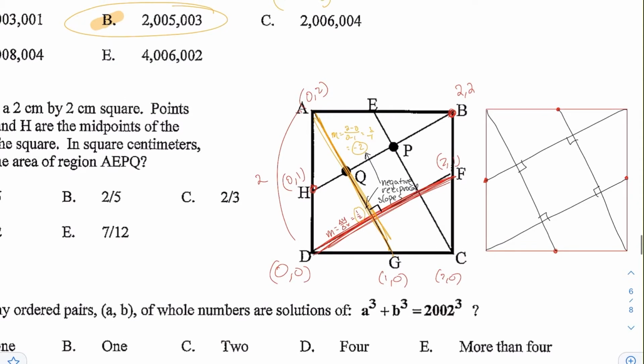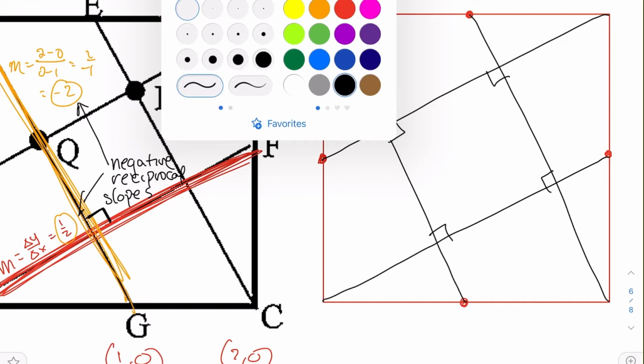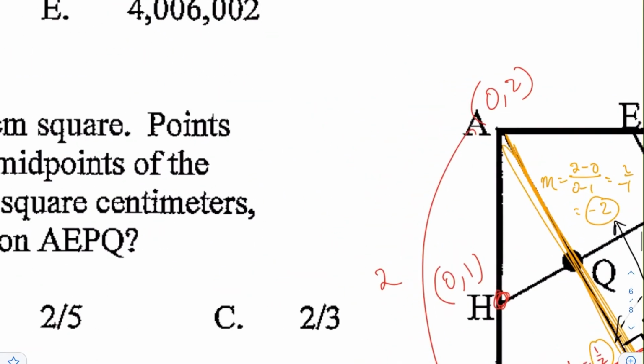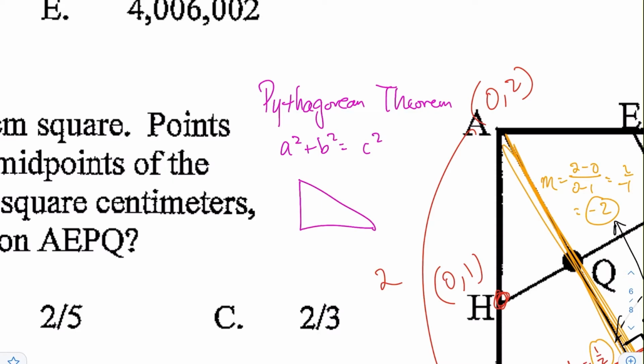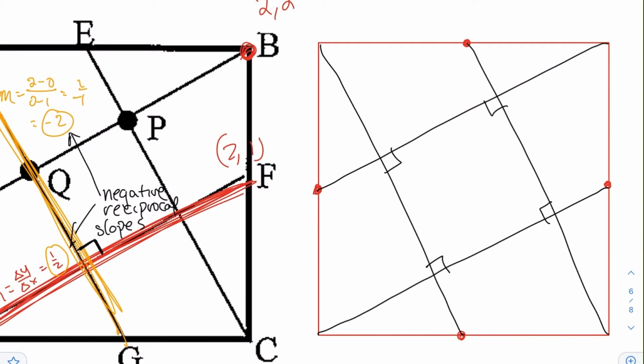So once you know that this is a square, it makes things a lot easier, because then you can draw a bunch of right triangles. And once you have right triangles, you can use Pythagorean theorem. That applies for all right triangles, and it states that a squared plus b squared is equal to c squared for a right triangle. So here you have a bunch of right triangles. For example, this large one, the side is 2.